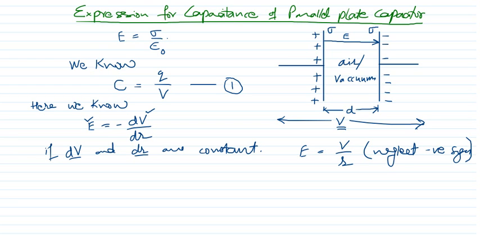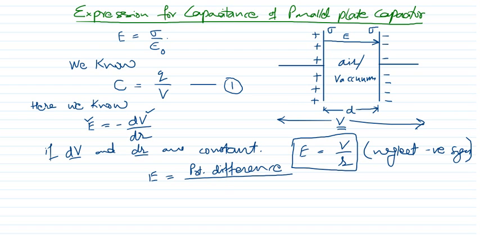So what is this concept? This concept is electric field is equal to potential difference, if it is not changing, divided by the gap between the plates. So what is the potential difference?